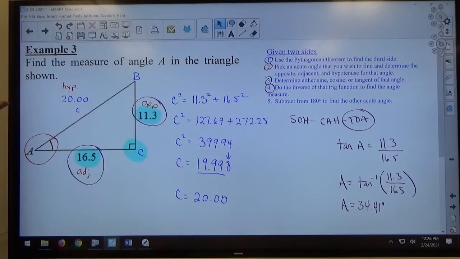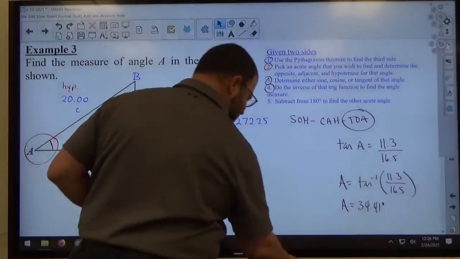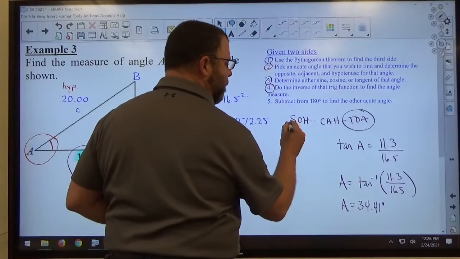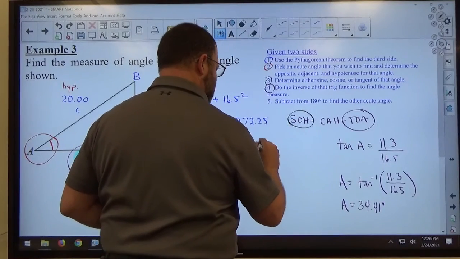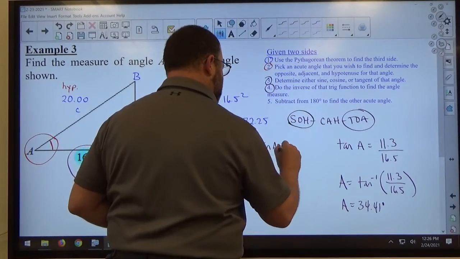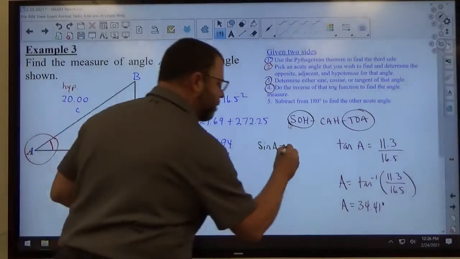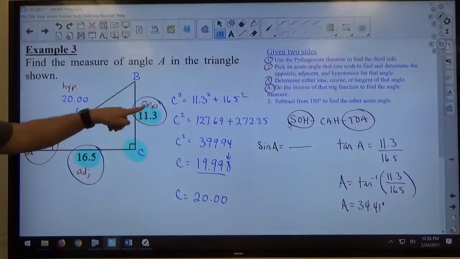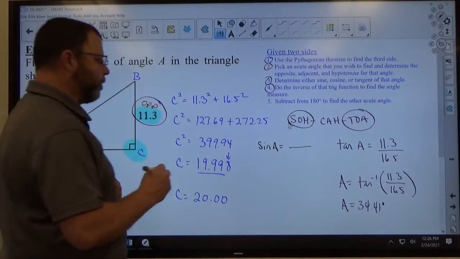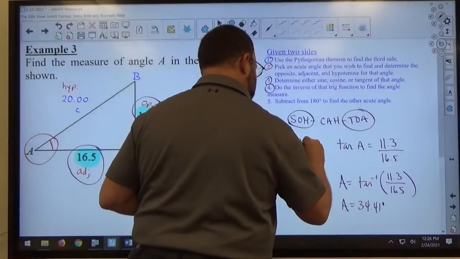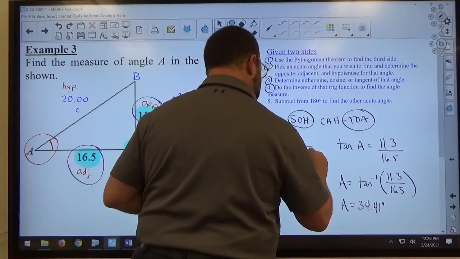Now, just to show you real quick, and I wouldn't write this on your paper, just pretend, instead of doing tangent in that step, I did sine. Again, don't write this on your paper, I'm going to erase it as soon as I'm done doing it. But if I did sine of A, sine is defined as opposite over hypotenuse, so it's 11.3 over 20.00.